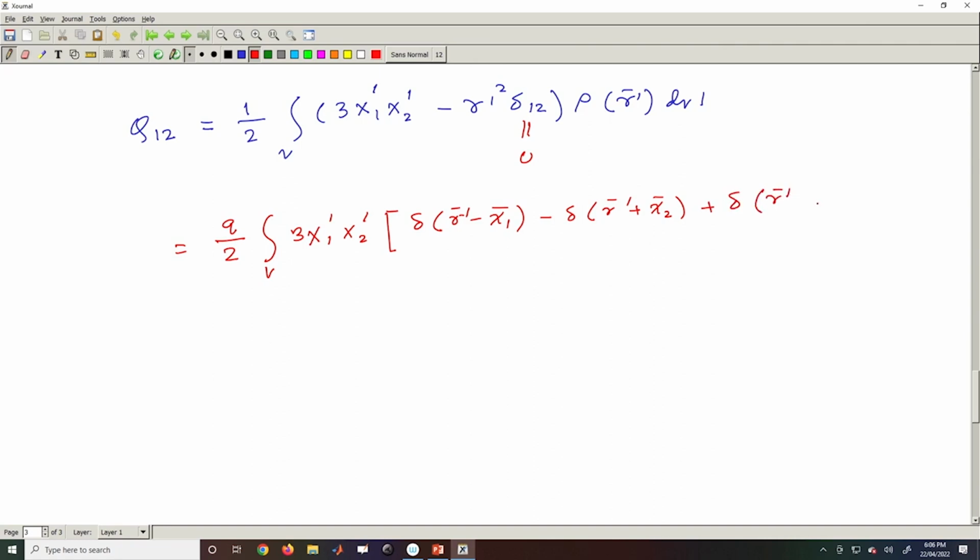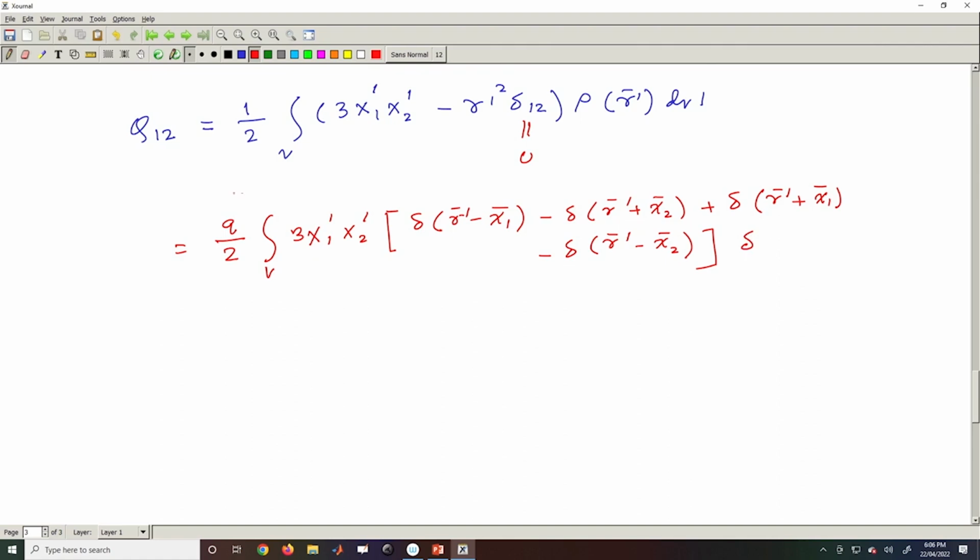r' plus chi1, and then I have a minus delta r' and minus chi2.